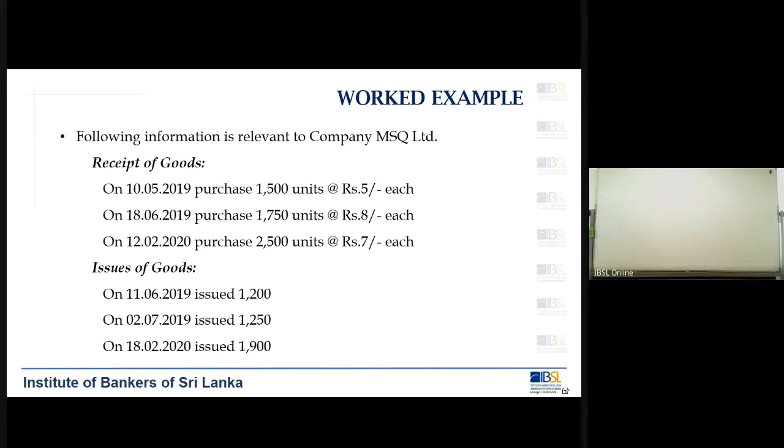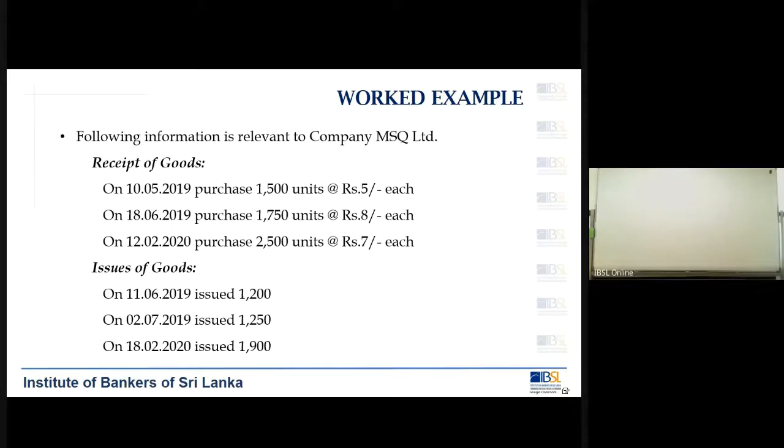Our concern is that we have purchased goods at 3 different rates, different units at different prices, and we have sold also. So after all those, what is our remaining stock quantity as well as the value in rupees?